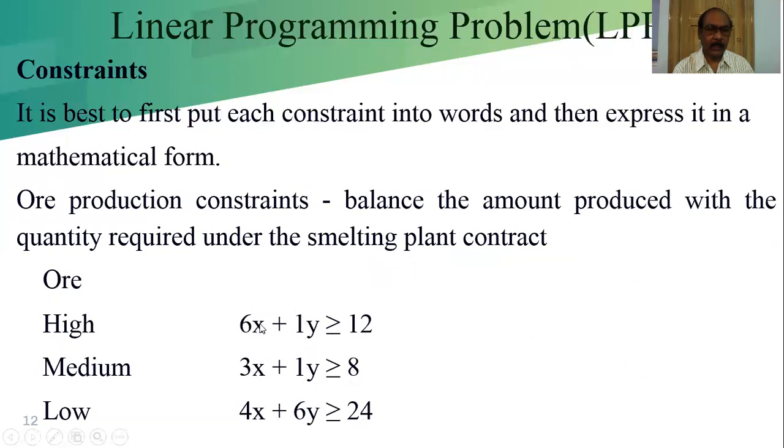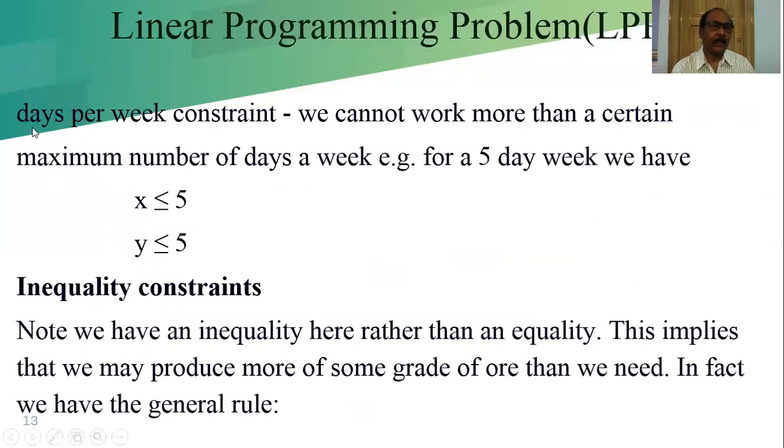And also the characteristic of x and y is there. That means x is the mine X working days per week, and y is the mine Y operated days in a week. So days per week, this is another constraint, besides the ore production constraint, the operated mine days constraint.